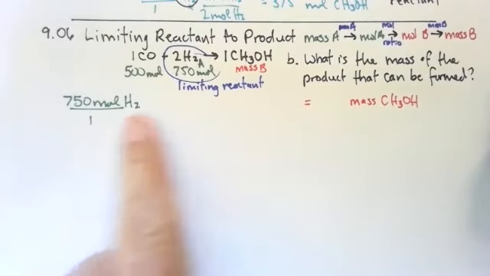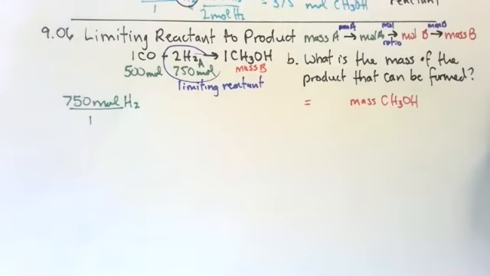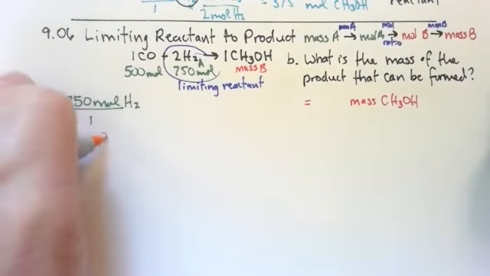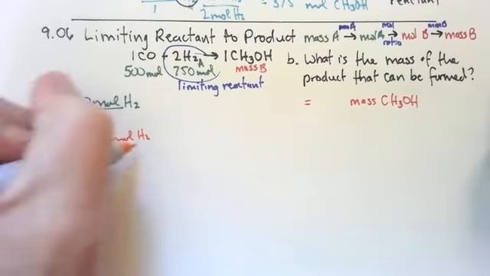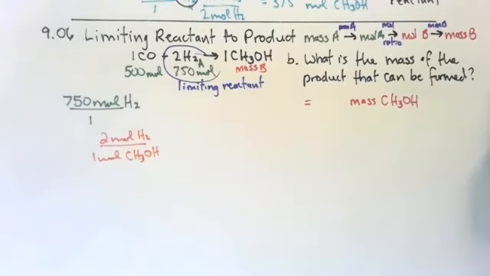When I look at my diagram, that means I'm starting at moles and I'm going to go to mass. I'm going to need my conversion factors. To go to mole, I need the mole ratio, and this is a pretty easy one. It's a 2 to 1 mole ratio: 2 moles of hydrogen to 1 mole of CH3OH. I always keep my compound in my labels, so that I can keep track when I cancel my units.